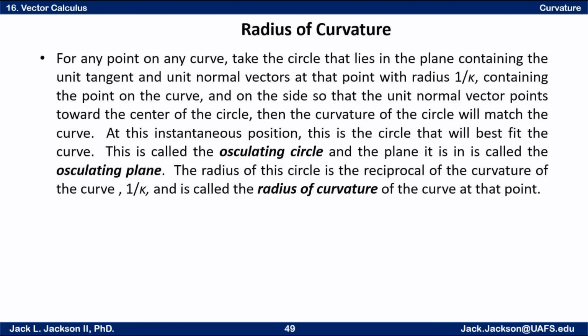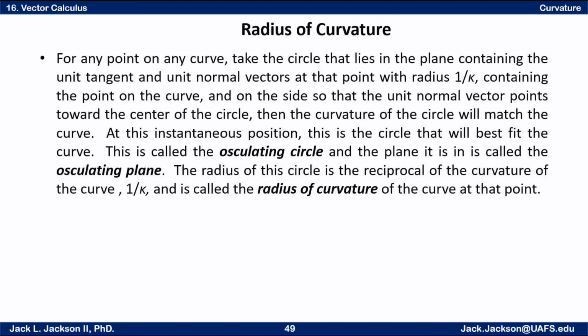So if we take any point on any curve and then take a circle that lies in the plane containing the unit tangent and unit normal vectors, the T and N vectors, at that point, and let's give that circle a radius 1 over the curvature of the curve that we're starting with.